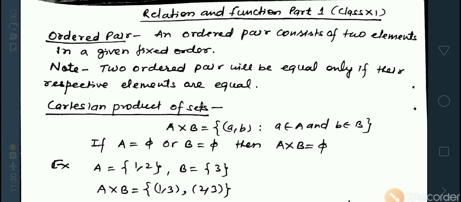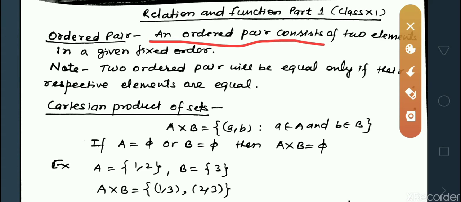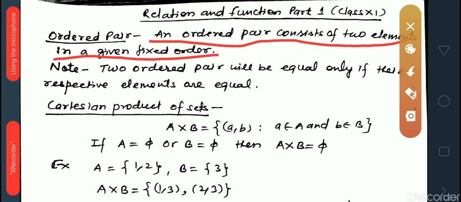What is an ordered pair? An ordered pair consists of two elements in a given fixed order. Here this term is important, fixed order.